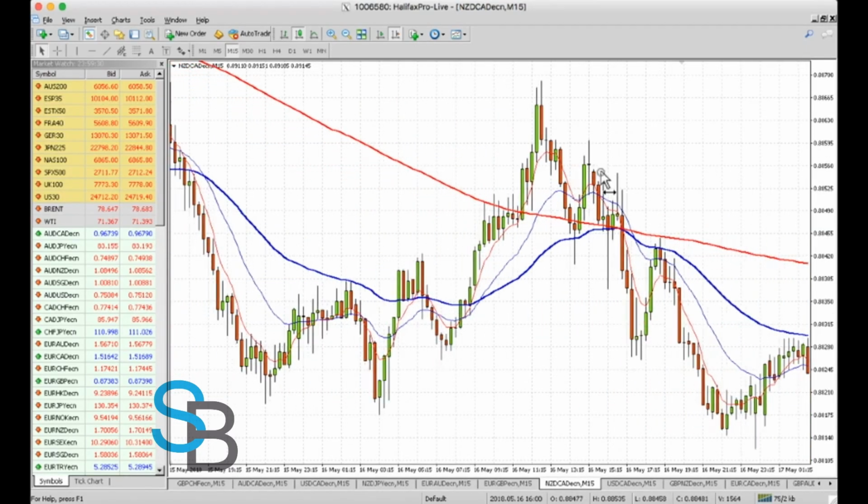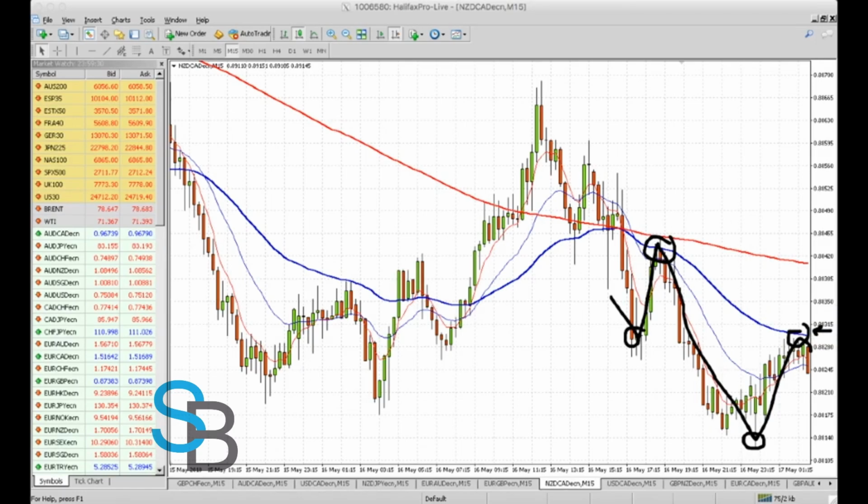So this was a valid downtrend pattern again. You can see, lower highs and lower lows, and we look to go short over here.